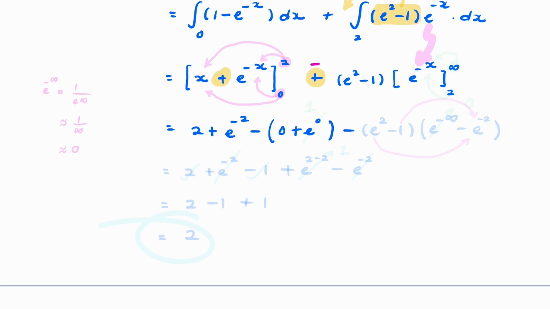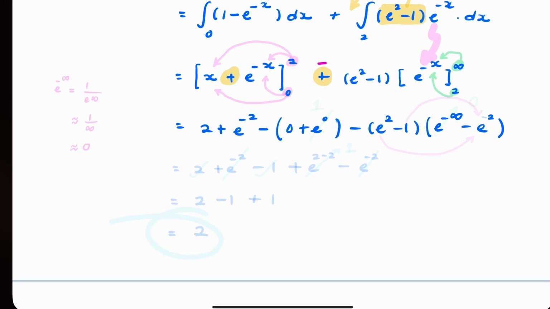Then we've got a minus e squared minus 1 times e to the minus infinity. So I'm substituting the upper limit instead of x. Then we subtract after substituting the lower limit. So e to the minus x minus e to the power 2.